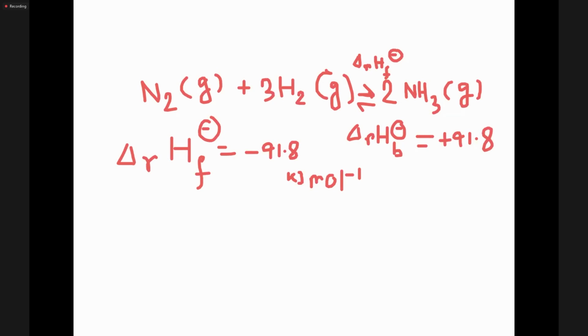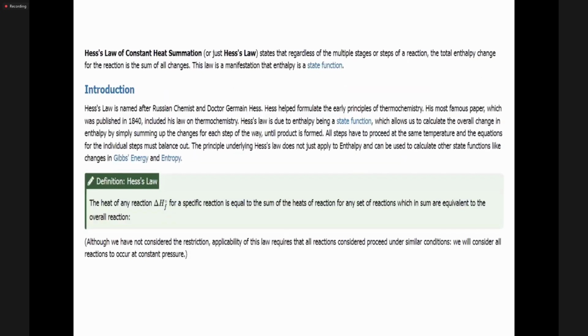And next we move to the next important part of our discussion, that is Hess's law of constant heat summation. Now, Hess's law of constant heat summation, or just Hess's law, states that regardless of the multiple steps or stages of a reaction, the total enthalpy change for the reaction is the sum of all the changes.